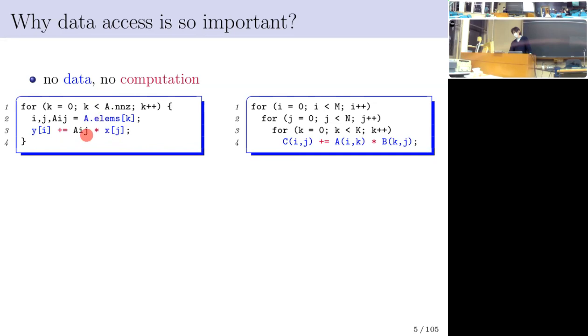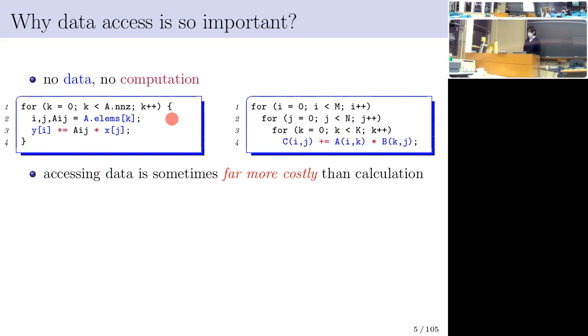This is sparse matrix code I have shown several times during the course. Here you are accessing data. These expressions also access data, right? And this is dense matrix multiplication, and these are all data accesses, right?